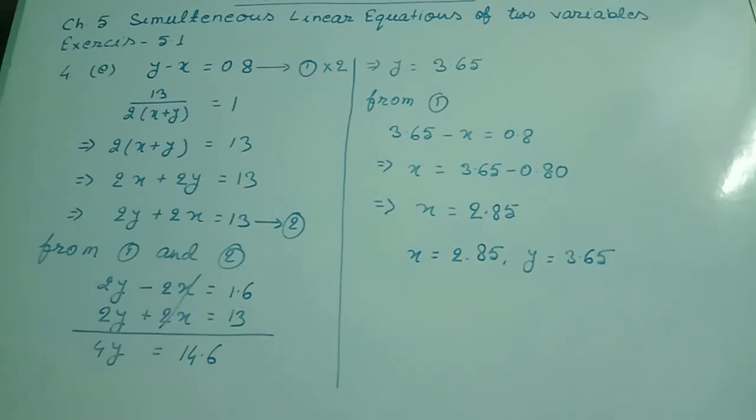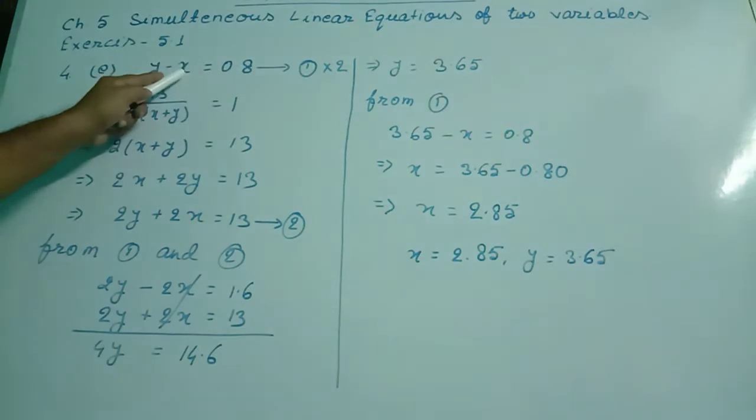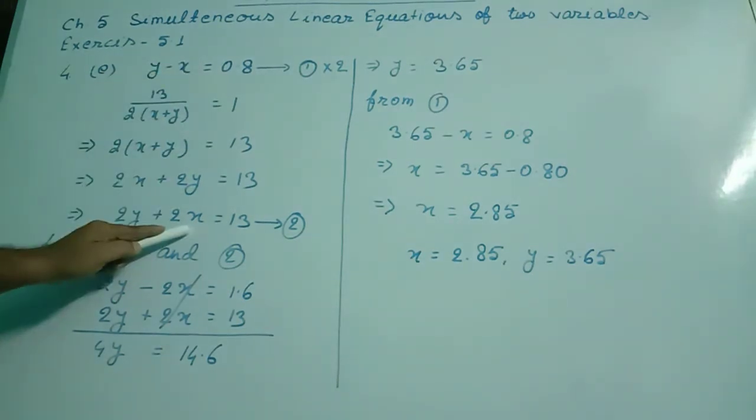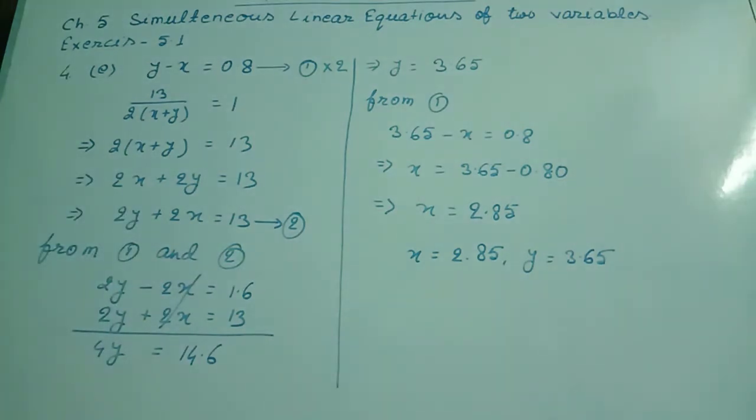Now we will choose any equation to make the coefficient equal of that variable. Now I have selected the variable of which we will make the coefficients equal, that is x. If you multiply equation number 1 by 2, then here we will get 2x, and here already we have 2x, so no need to multiply equation number 2 by any number.